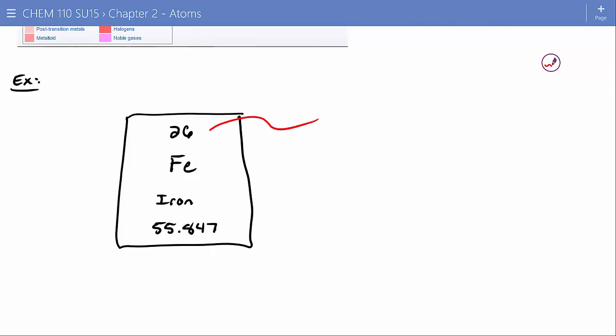The top number is referred to as the atomic number. We'll talk a little bit more about what this means when we get into the atom, but the atomic number refers to the number of protons that an atom has.